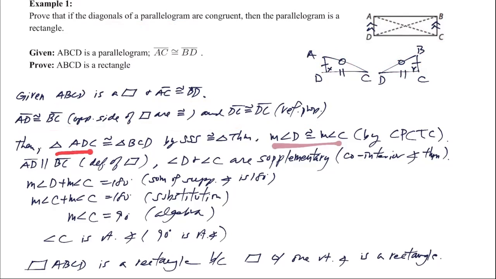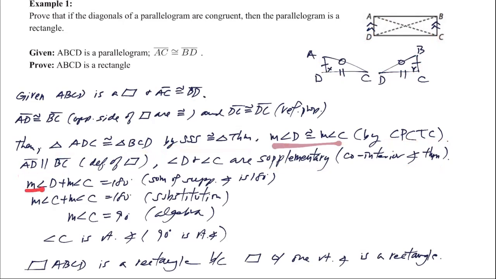Then we know that triangle ADC is congruent to triangle BCD by the side, side, side triangle congruence theorem. So we know that angle D and angle C are congruent by CPCTC, these two, right? And we know that AD and BC are parallel by definition. And because of that, angle D and angle C are also supplementary by the consecutive interior angles theorem.